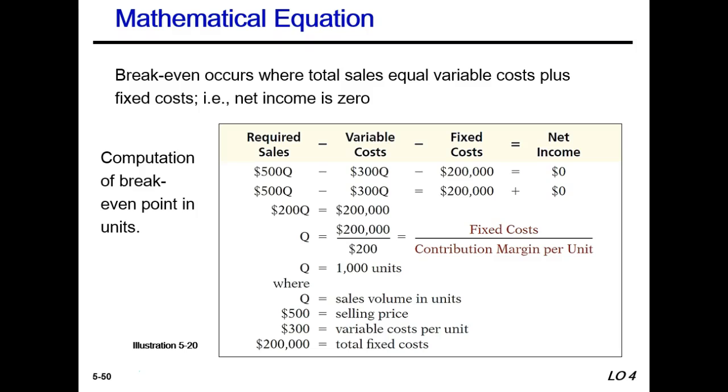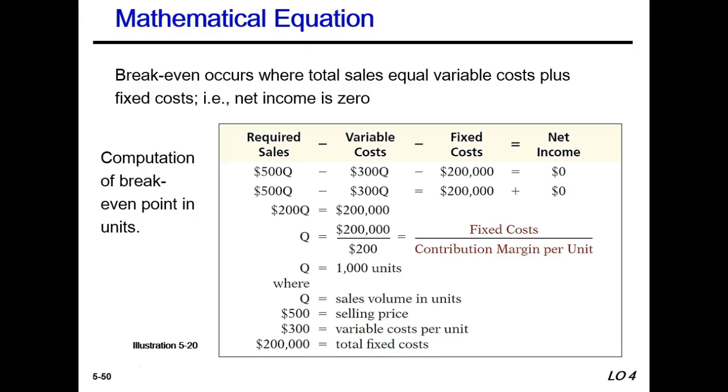So as you see here, we show required sales of $500 per unit, minus the variable cost of $300 per unit, minus our total fixed cost of $200,000, which comes to 0 net income.